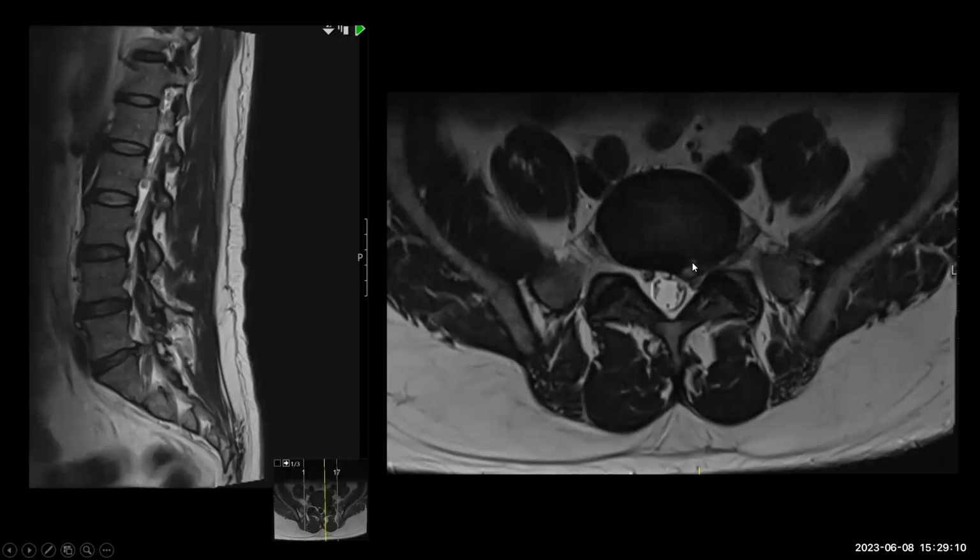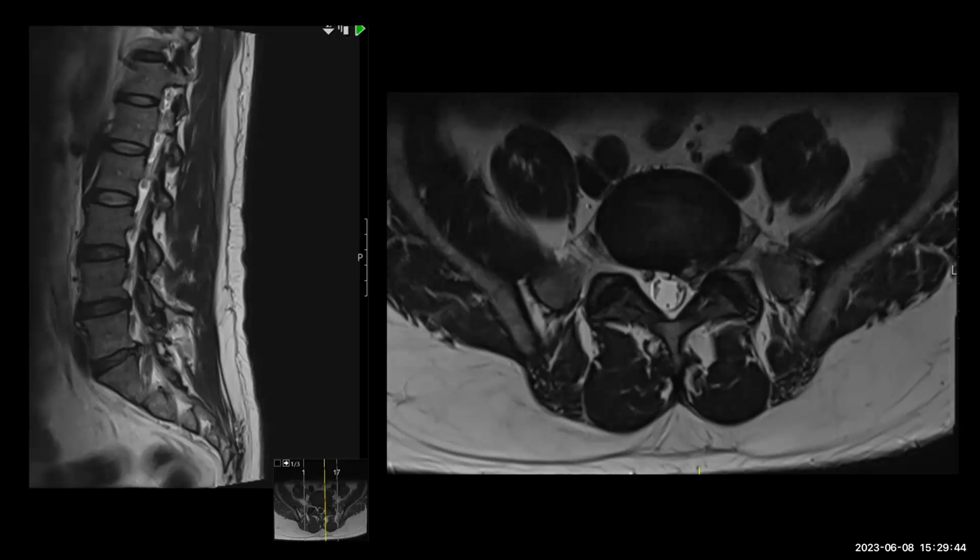So these subarticular discs usually compress the traversing nerves, whereas the more lateral, foraminal discs usually compress the exiting nerves. Another interesting thing is that this patient has an annulus fissure. Even if this disc was not compressing the nerve, but was just coming in contact with it, when you have an annulus fissure, sometimes it secretes substances which irritate the nerve.